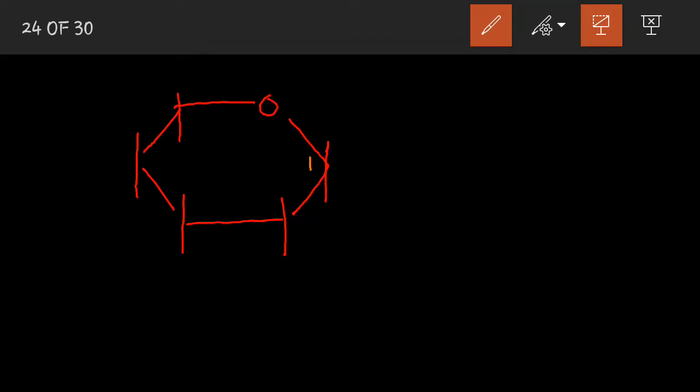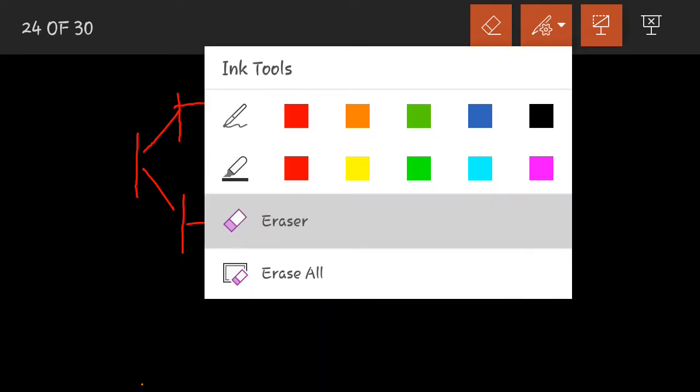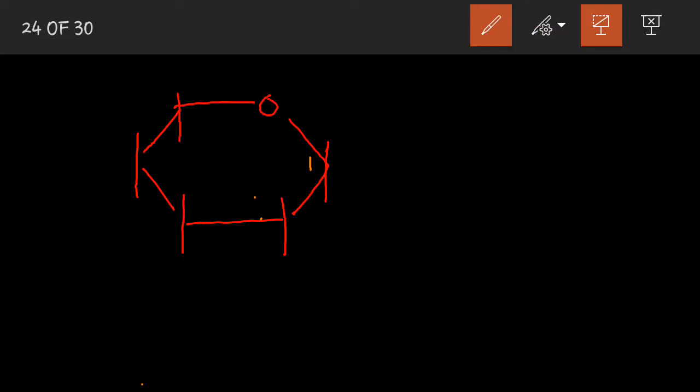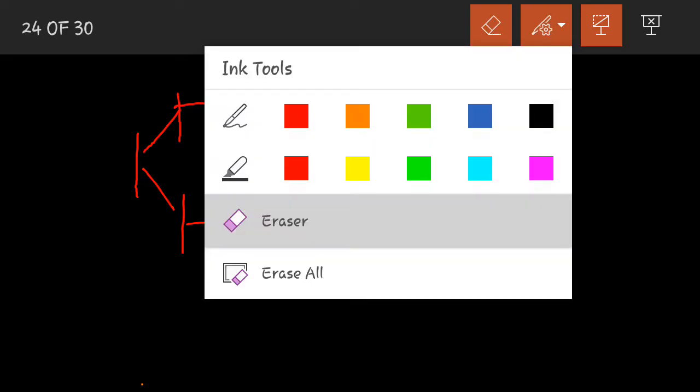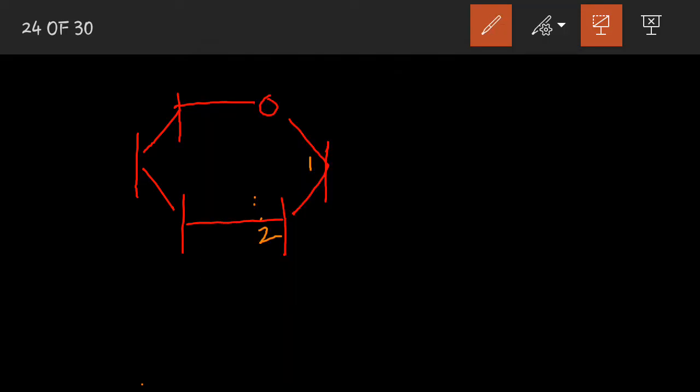This is carbon number 1. This is carbon number 2. I'll write once again. This is carbon number 2. This is third carbon. Here we have a fourth carbon. This one is fifth and sixth is here.